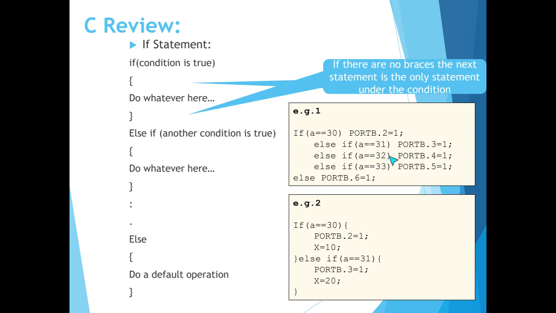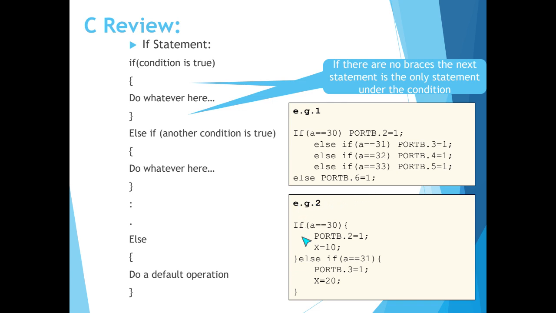And if none of these conditions are true, else port B dot 6 is equal 1. If none of these conditions are true, then the last one as a default is executed by the compiler.